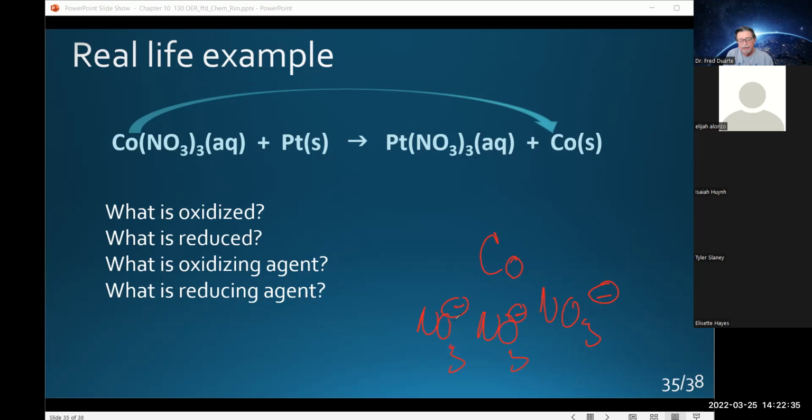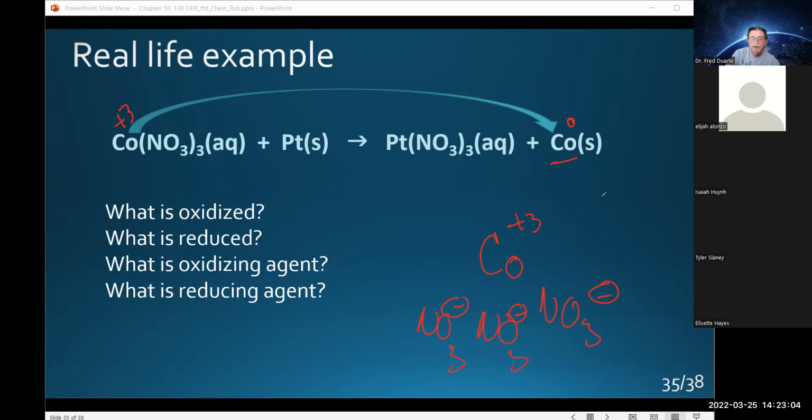Well, if that's the case, then this cobalt has to be a +3. Isn't it? This is in the +3 oxidation state when it's combined with 3 nitrates. When it comes over here, solid, it is in the 0 state because it gained 3 electrons. You see how that works?